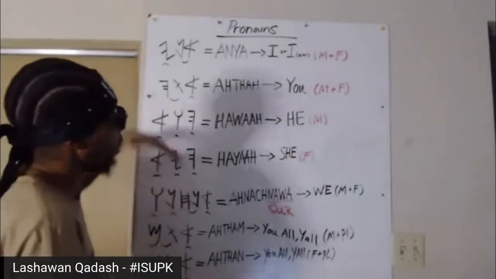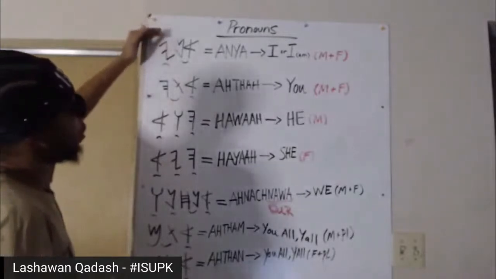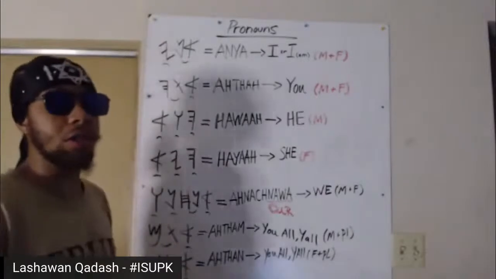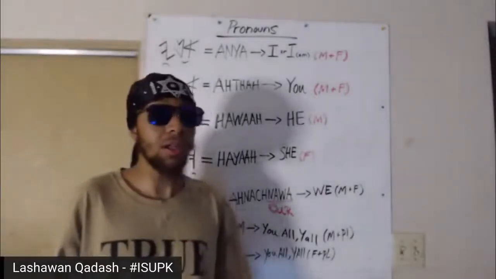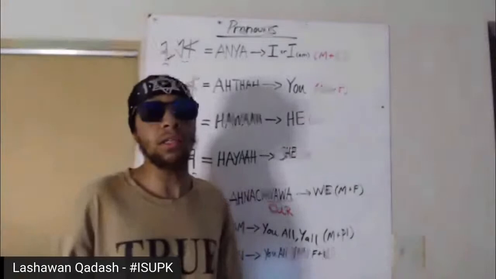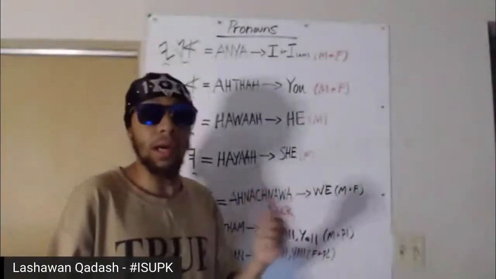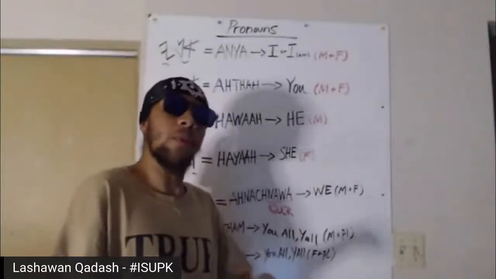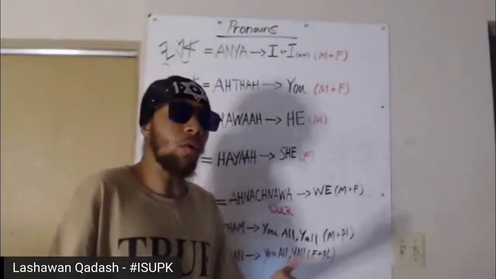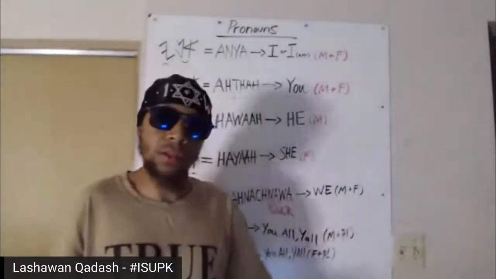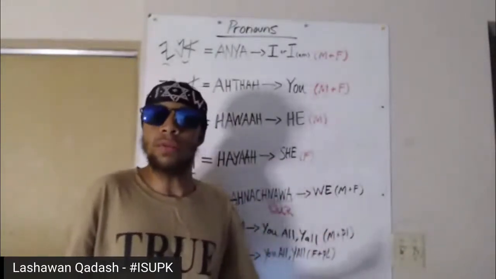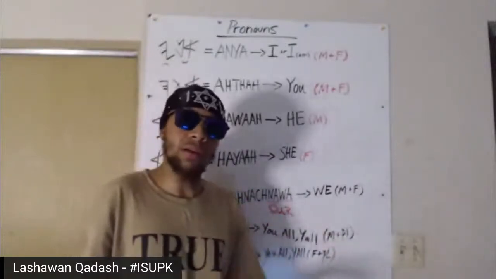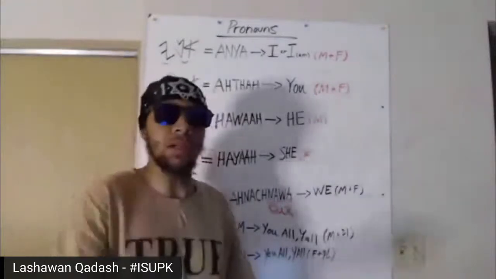But once we get to a level where we know the basics, that's when we start to get to the hard stuff. And yes, there is hard stuff. The complexity of learning the Lashawan Qadash. That's when you start to get to knowing how to come up with a name, knowing when it should be masculine or feminine, knowing the spirit of that name, that word doesn't sound right, and when you hear it, you know it's not right.